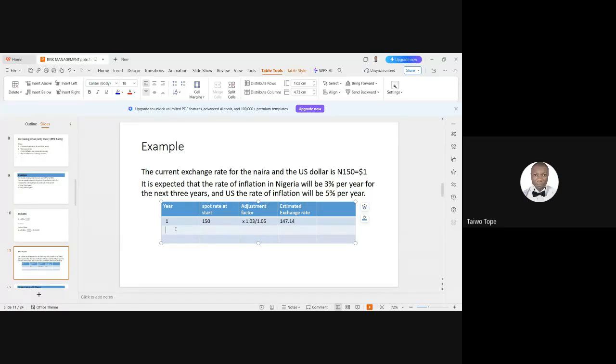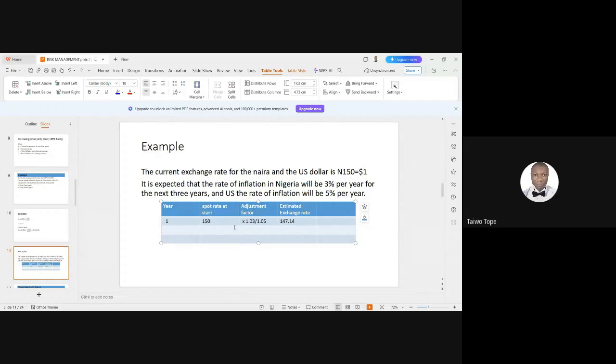Then in year 2, you can do it in 2 ways. Instead of raising this value to the power of 2, you can just pick the estimated exchange rate as at the end of year 1 and bring it as the spot rate for the start of year 2.